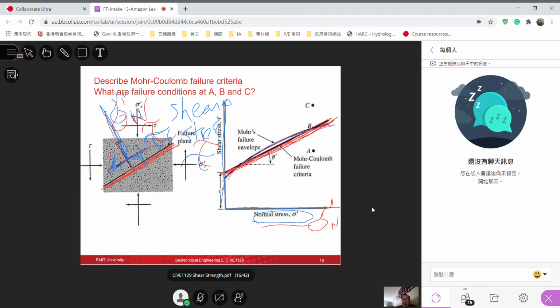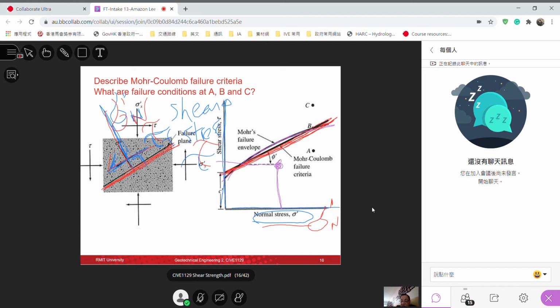Say I have a soil, and my combination of normal stress and shear stress is in here. I have so much normal stress applied across the potential slip plane and so much shear stress applied parallel to it.